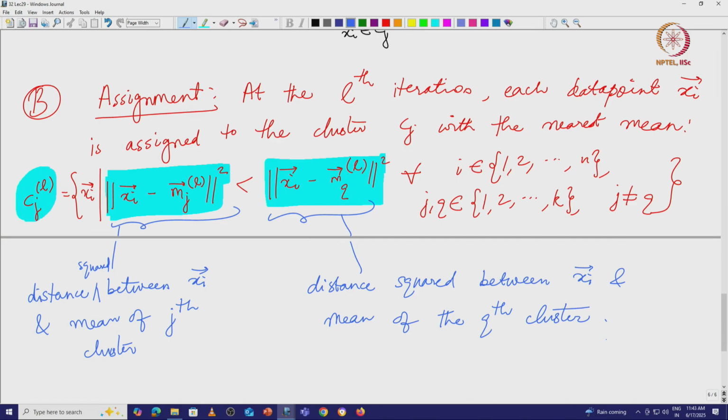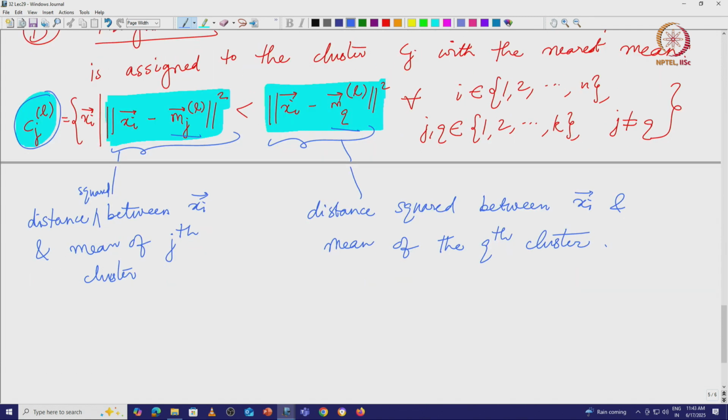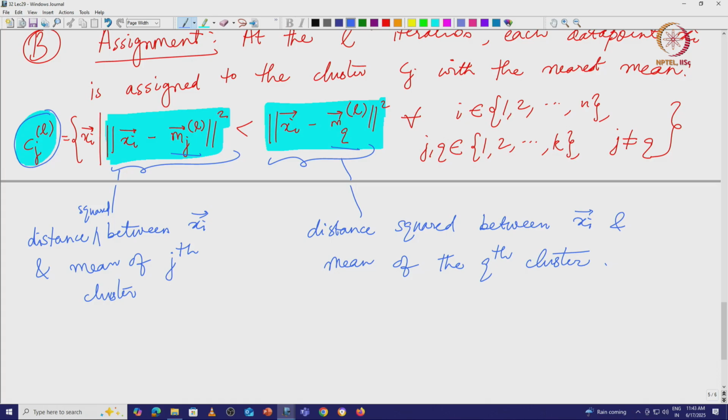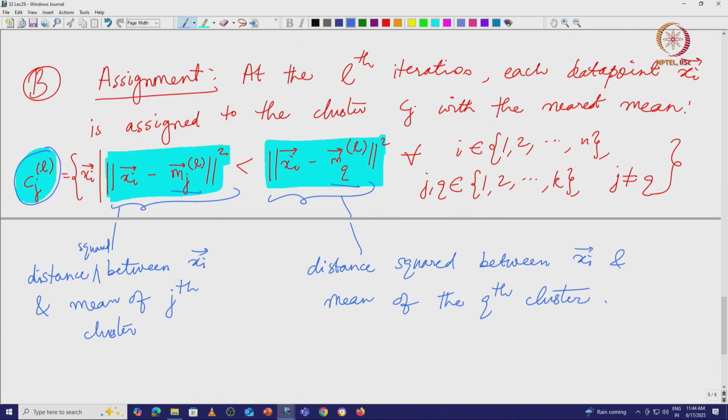Okay, so, this is where you are reforming the clusters based on the means that are computed in the previous iteration. And now, instead of CJL I should really say CJL plus 1, because you are updating the clusters.